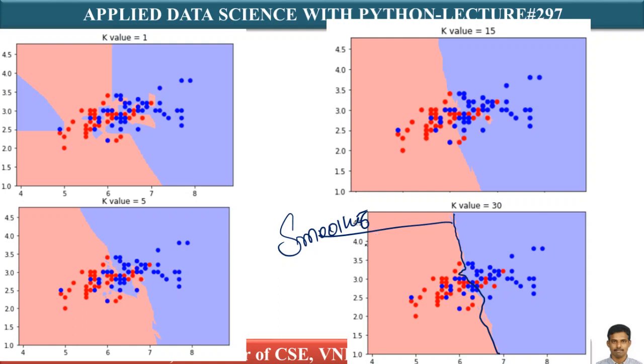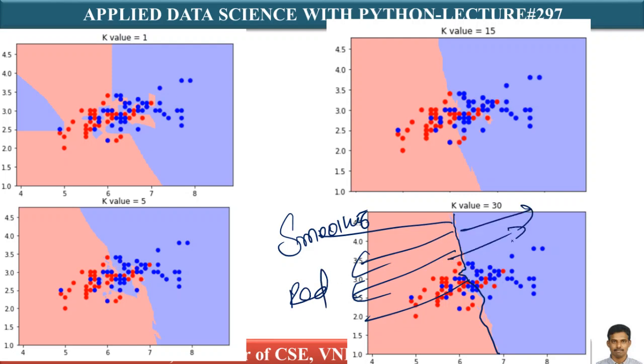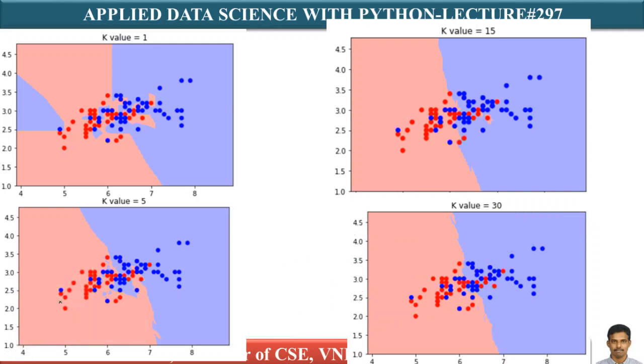Now all the points on this side are red, and all the points on this side are blue. Let me write it.